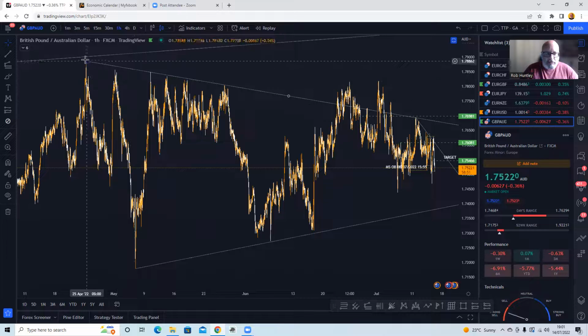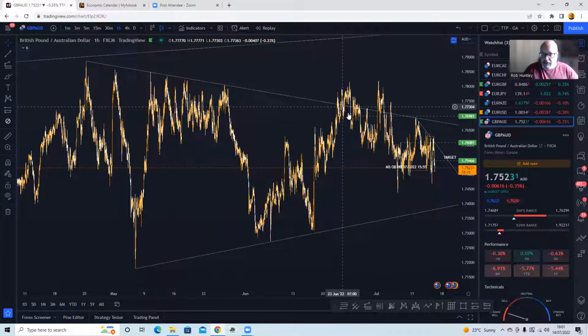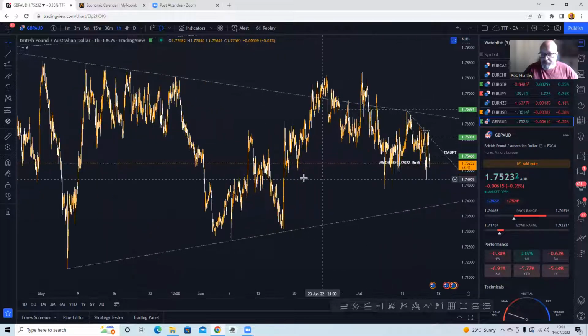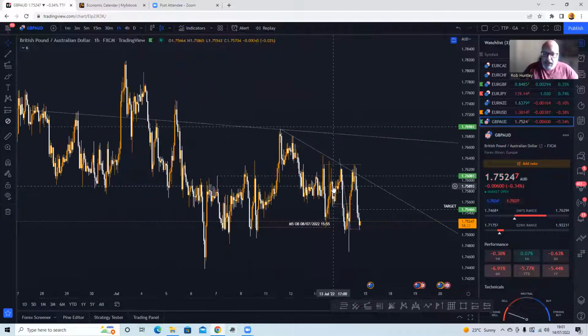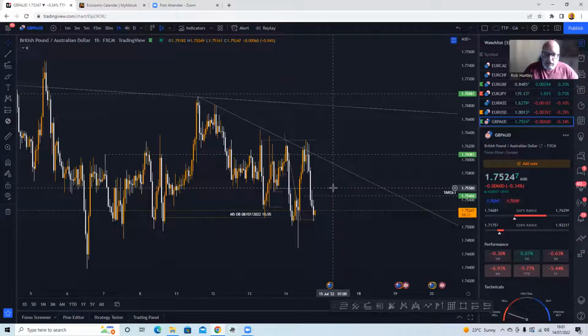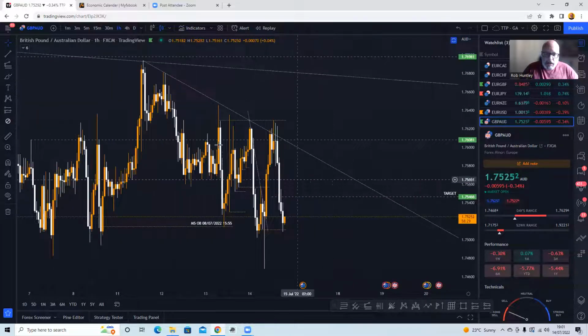So you can see that high up there, touch, nearly touch, touch. Yes, it's moved through that, but then carried on touching it there. And then from that point, I drew another trend line down, and that's where those elements were from.